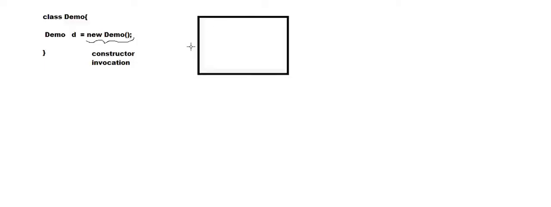So this is an object which got created, and here we have something called object address and the name.